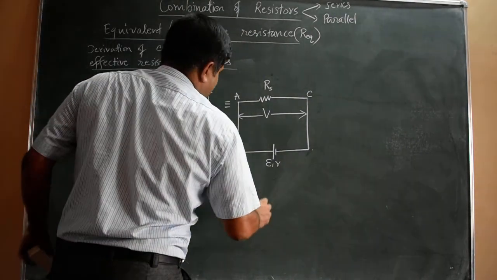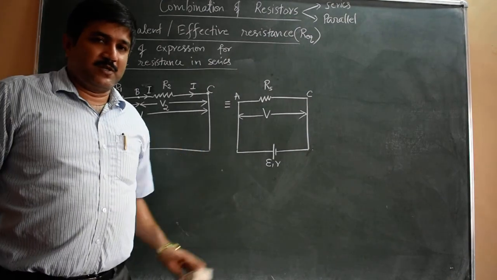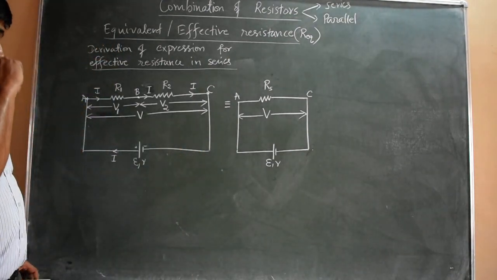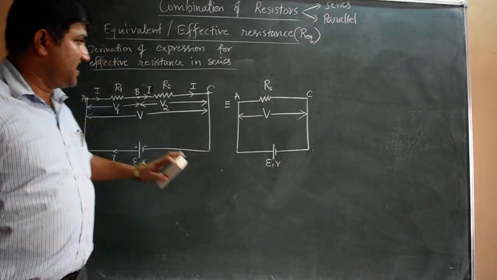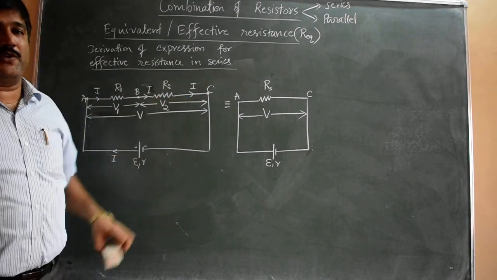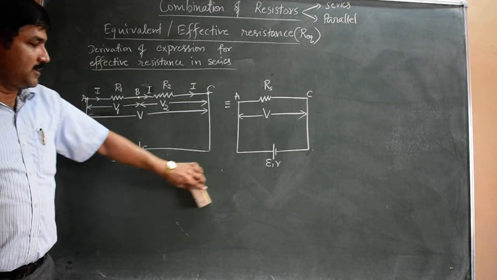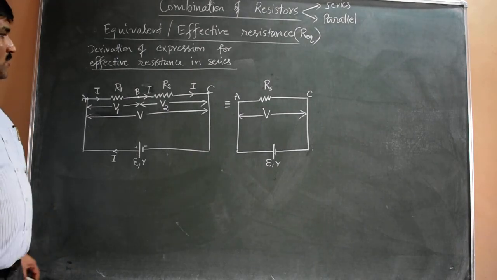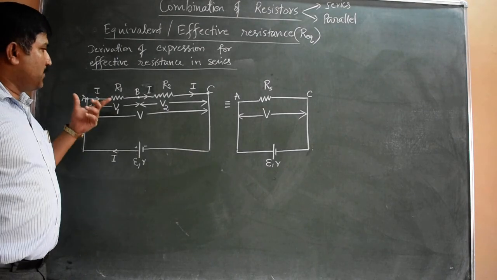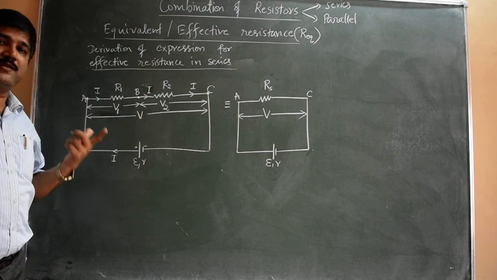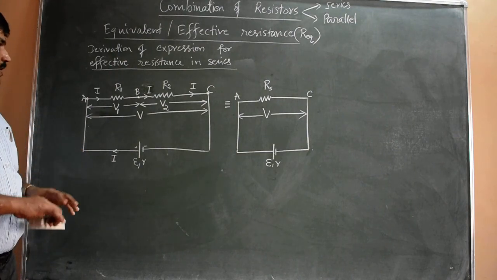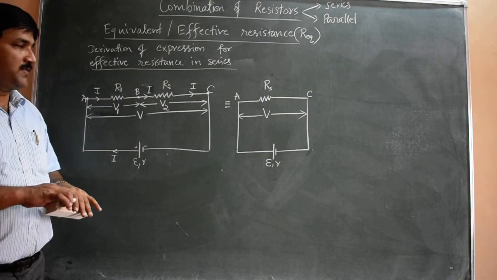Now we apply Ohm's law. We already studied Ohm's law mathematically. Ohm's law we have to apply to each resistor and also the equivalent resistance. Mathematically, the potential difference across any circuit component is equal to current multiplied by resistance.